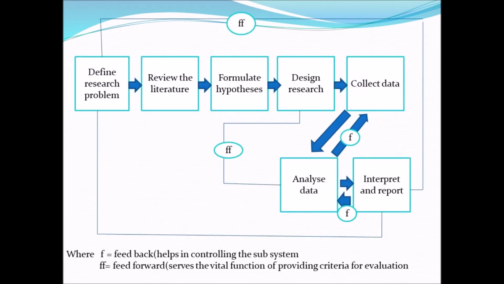Here in this schematic diagram you will understand how these steps are interrelated and come in sequence. That is, the first step, define research problem, then it is followed by review of literature, then formulate hypothesis, then research design, then collect the data, then analyze the data, then interpret and report.